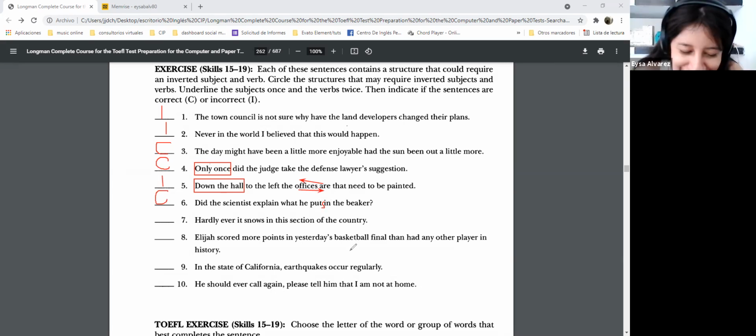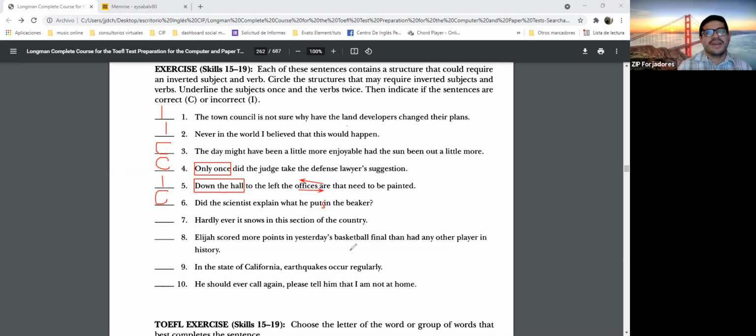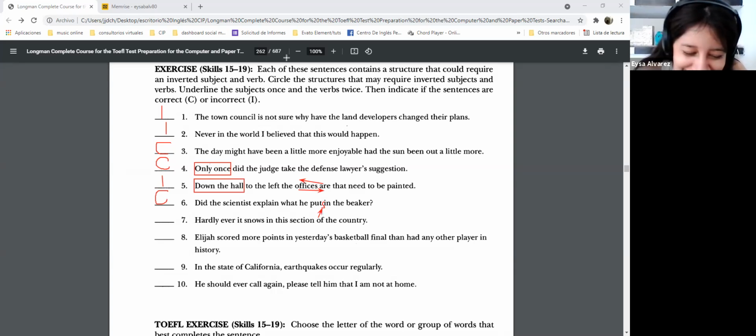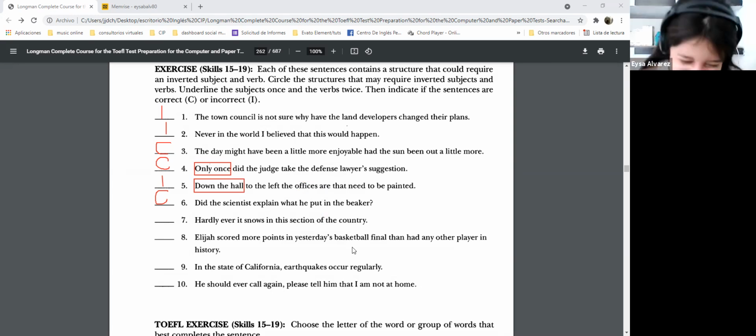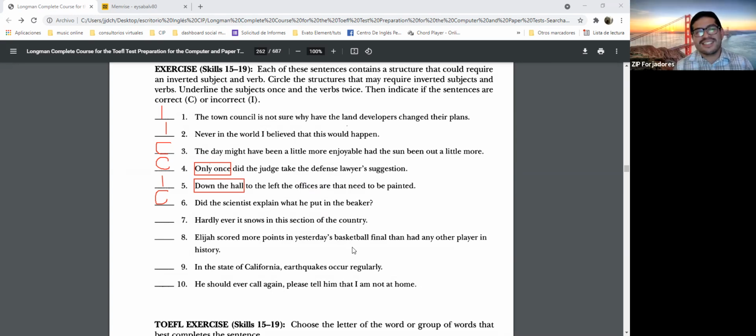He puts in the beaker. Why don't we have an S here? Because it's in the past, right? That's right. I just wanted to confuse you. Yes, it's past.